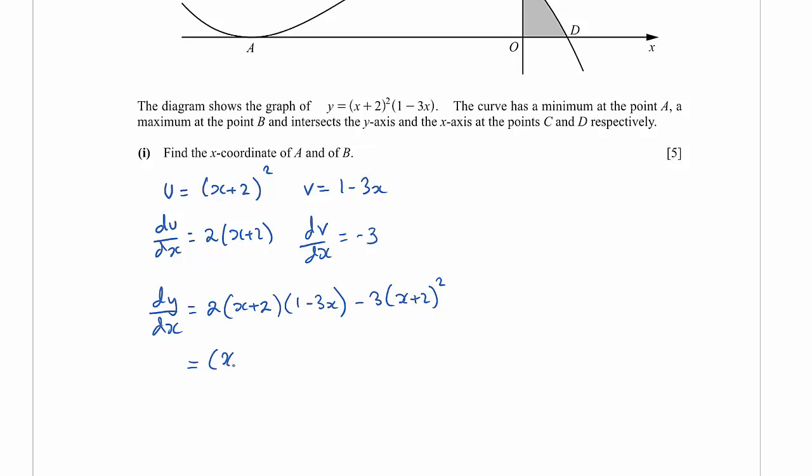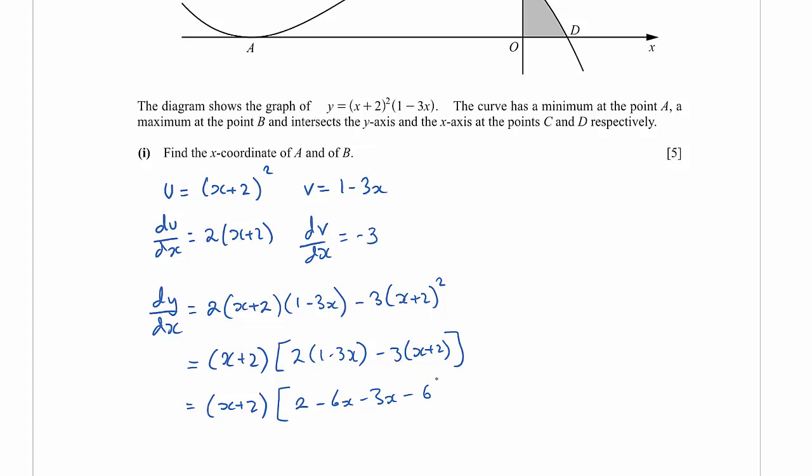So I've got a common factor of x plus 2 that I can pull out. Then I've got twice (1 minus 3x) to complete the first term. Take away 3(x plus 2) to complete the second term. So that's (x plus 2) into 2 minus 6x minus 3x minus 6.